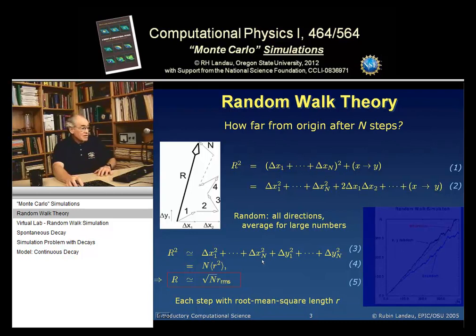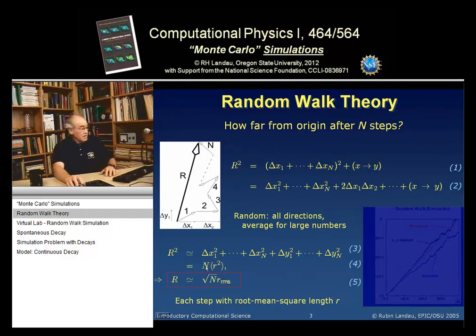There's n delta x1 squared and delta y1 squared. But we know each step, as we've drawn it here, has a certain length. We call it small r. So we just add these n terms together. Each one has the same value. So we get r squared is equal to n times the small step size squared for each step.